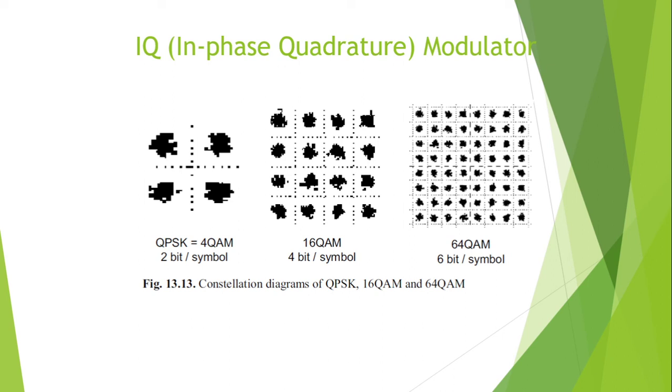The mapping table is a rule according to which the data stream, data of t, is converted to a modulation signal I of t and Q of t. In the case of QPSK, two bits corresponding to bit 0 and bit 1 in the mapping table are combined to form a dibit.